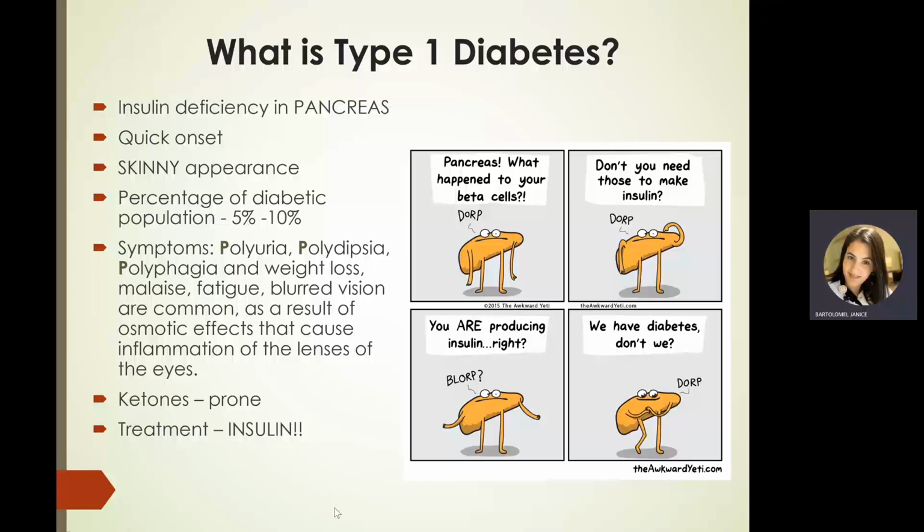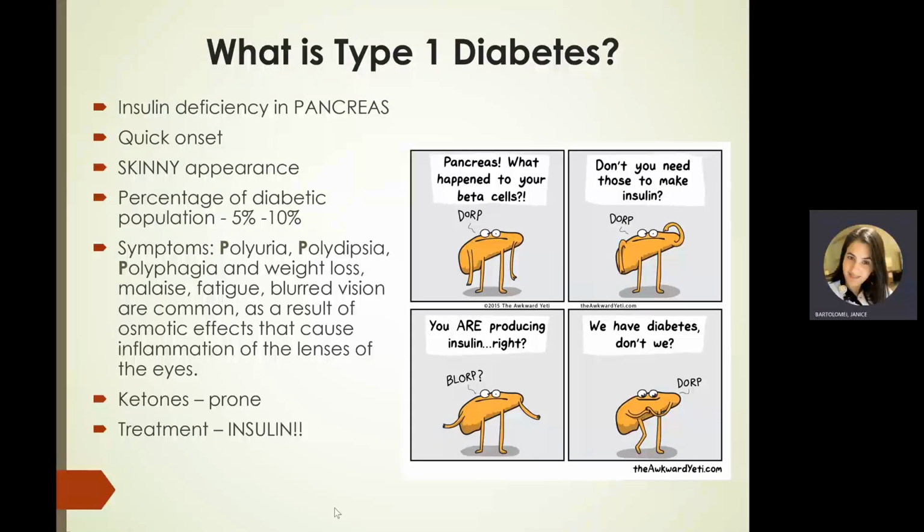Their appearance is skinny. These people are sort of thin, and you might think every diabetic is obese. Well, not really. The body is depleted and deficient of nutrients, and so they have this skinny appearance.